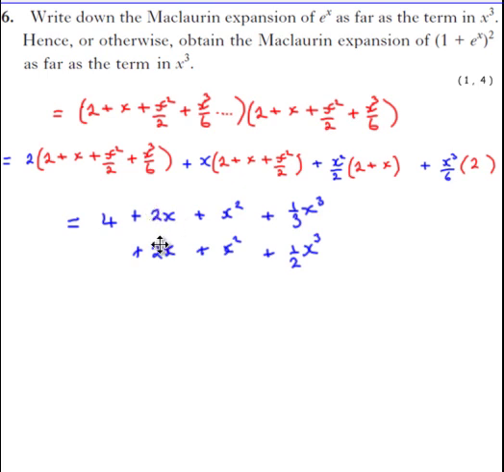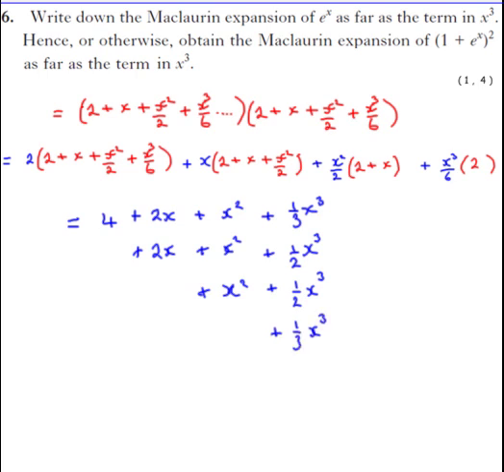And I'm writing corresponding terms directly underneath each other. Moving on to the third bracket, x squared over 2 times 2, the 2's cancel, that just gives us x squared. X squared over 2 times x gives us 1/2 x cubed. And finally, x cubed over 6 times 2, the 2 and the 6 cancel to leave us 1/3 x cubed.